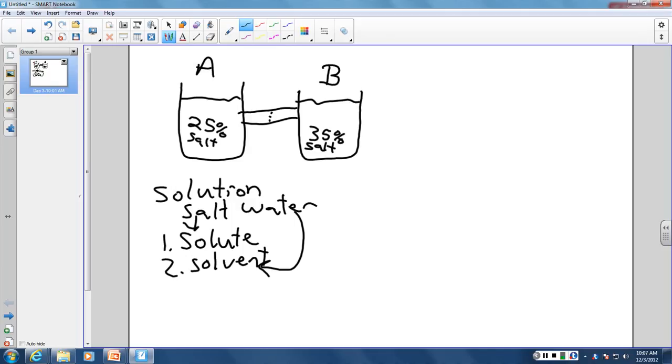So now, if you understand diffusion, you know which way salt is going to move. Salt is going to move from B to A. Everybody with me? So diffusion is movement of any substance from high concentration of that substance to a low. So salt would move from B to A.